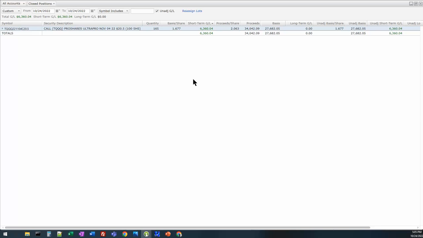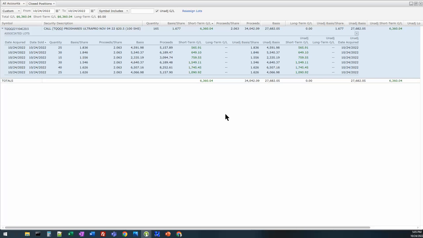And today I was able to make $6,360 in profit trading TQQQ options. And here's some details of the batches that I traded with. I actually traded overall twice today, once in the morning and then another one in late morning, and I'll show you that in a moment.